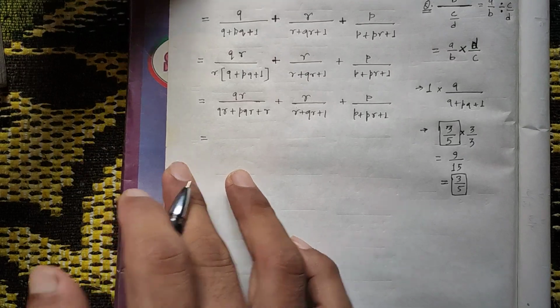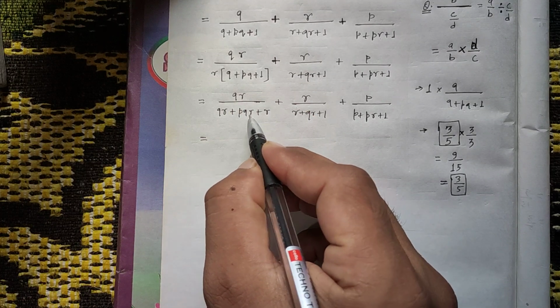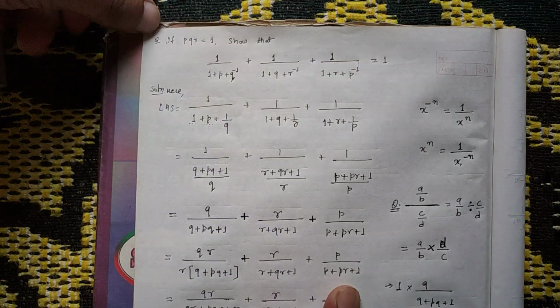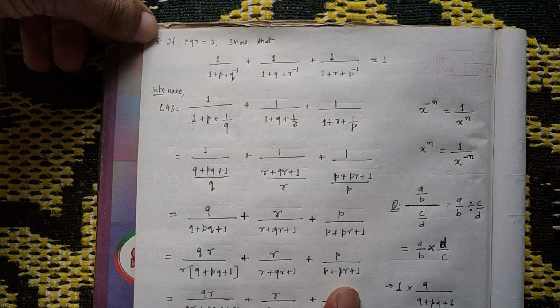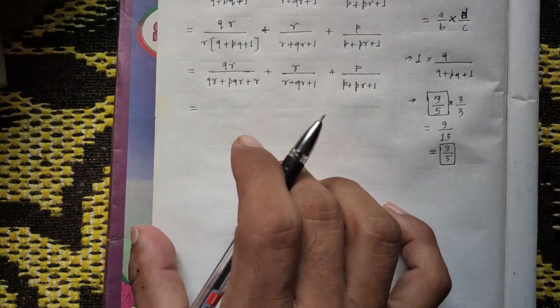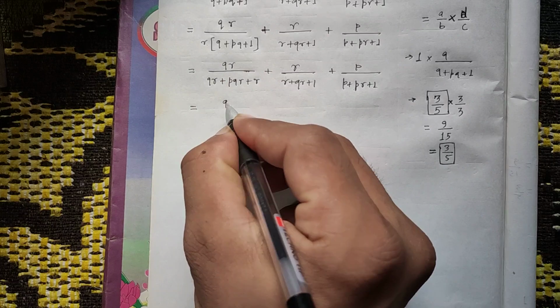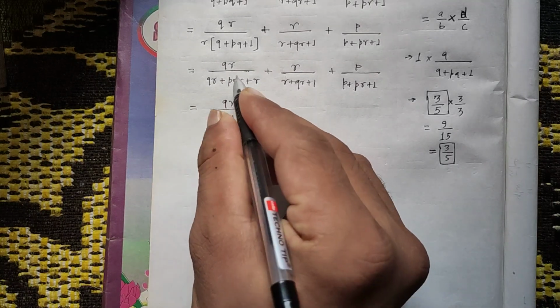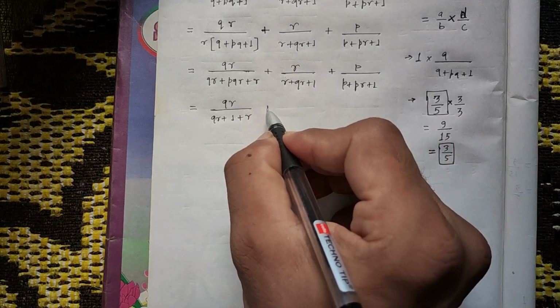Since it is given that pqr is equal to 1, if you see on the top of the question, pqr equal to 1 is given, so we can use it here. How can we use it? qr upon qr plus 1 plus r, as pqr equals 1 is given.